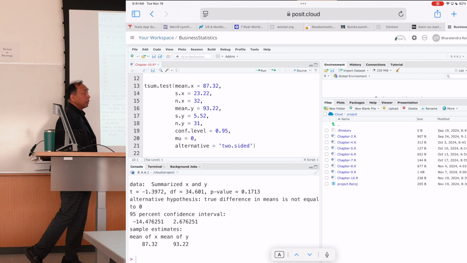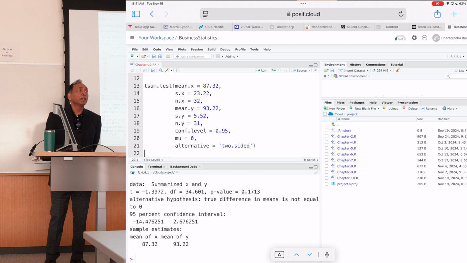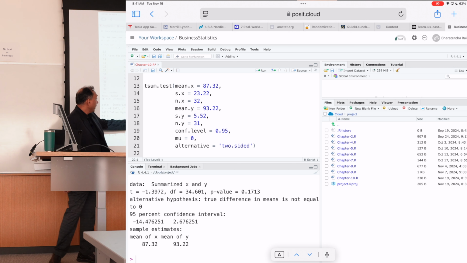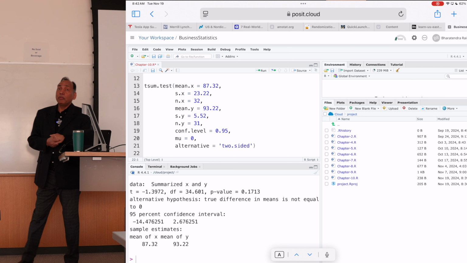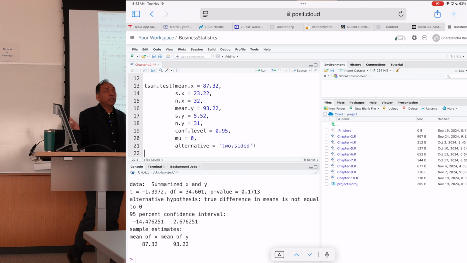When I asked this question, I think I got 2 replies, but both mentioned that the difference looks quite big, 6% difference between the 2 tests. But it fails. Since p-value is not less than 0.05, there's no difference between the 2 results.